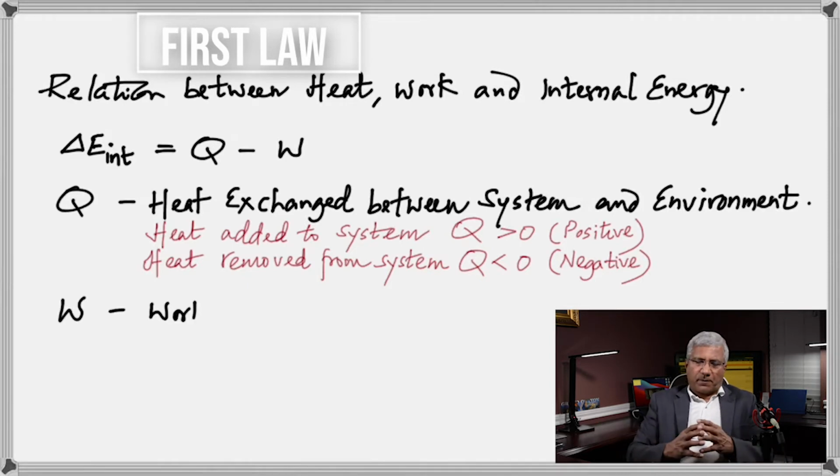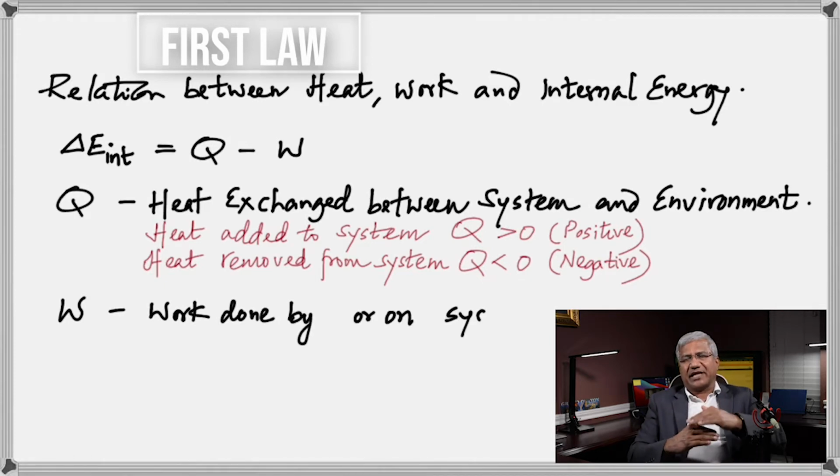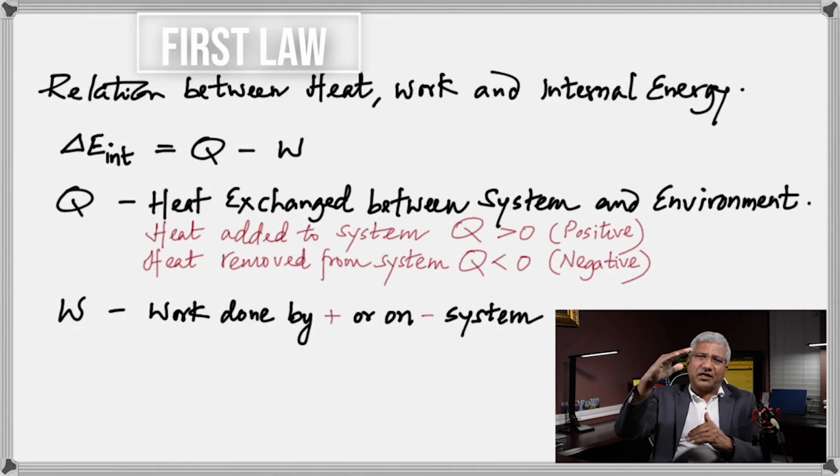Now, work. Work can also be both ways. Work can be done by the system, which is when the gas expands, or work can be done on the system, which is when we compress the gas. If the gas is expanding, work is taken as positive because the gas is doing work.